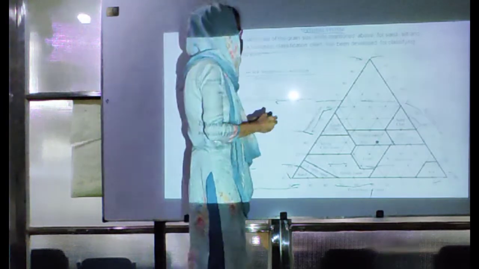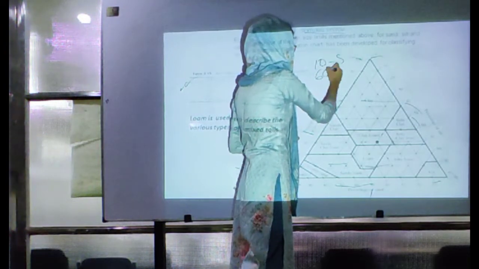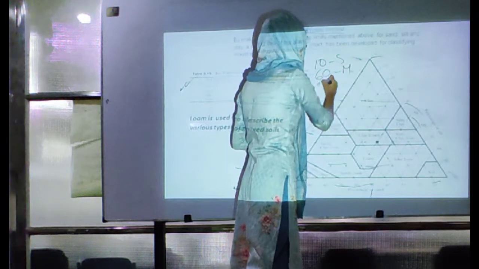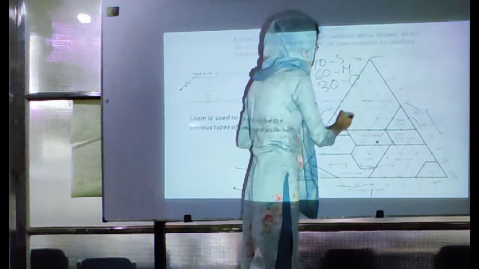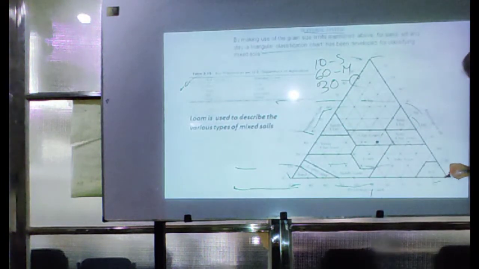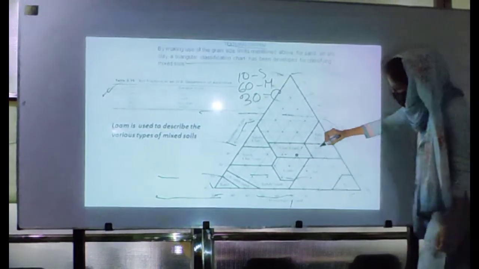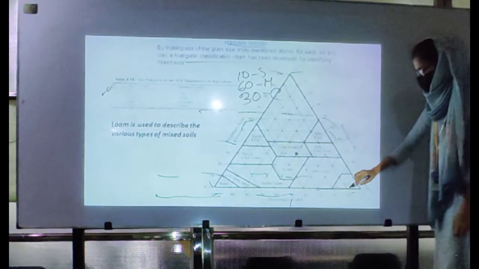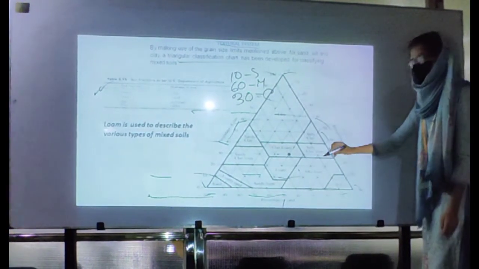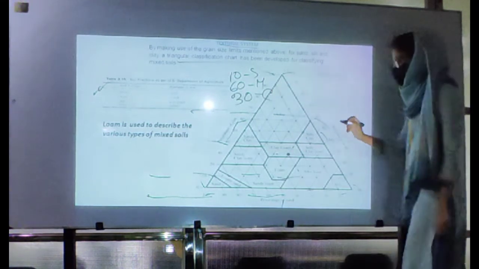For example, 10% sand, 16% silt, 13% clay. This sign represents the point where the soil lies.